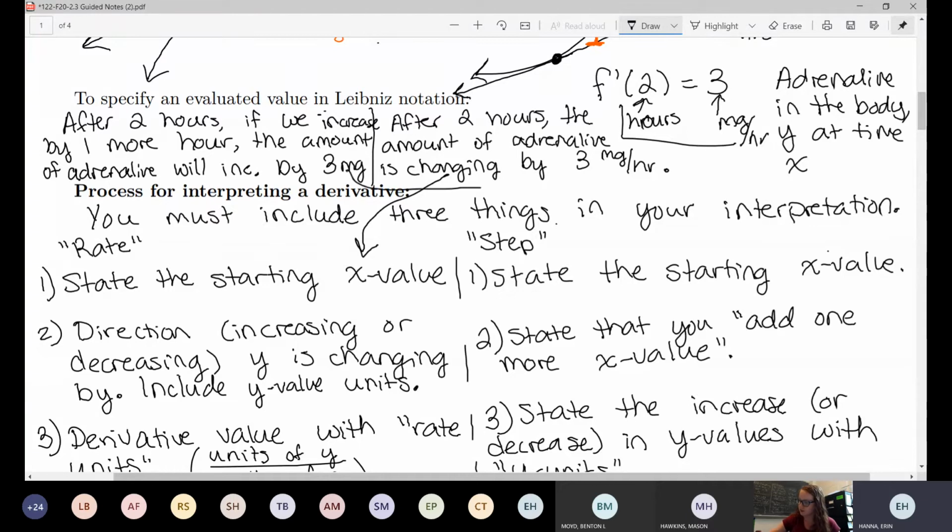And that second interpretation would be this step way, where I say after 2 hours, if I increase by 1 more hour, my adrenaline increases by 3. So both of those would be completely acceptable ways. You get to choose one over the other. You never have to do one over the other. But those would be the two ways that would be interpreted.